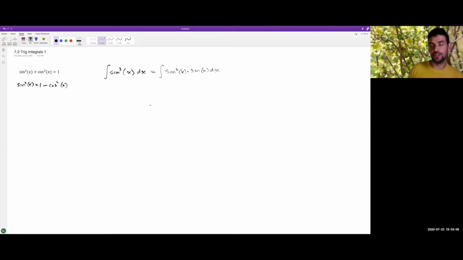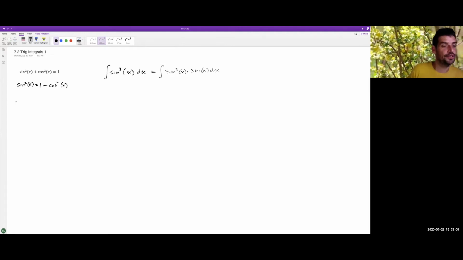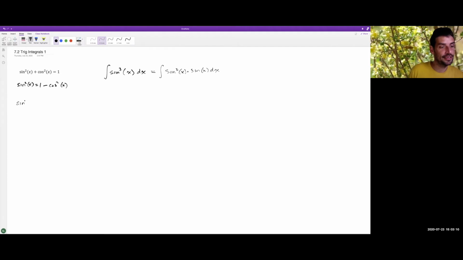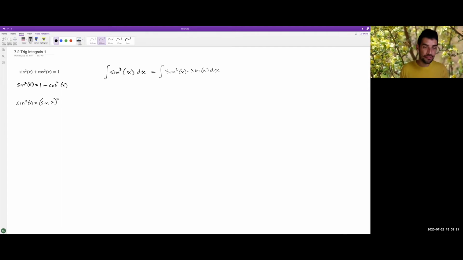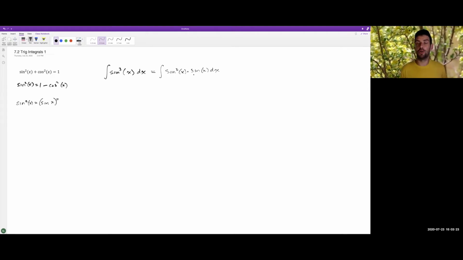Maybe this is a good time to remind ourselves that sine to the n of x just means sine of x to the nth power. So I've got 3 factors of sine sitting here, and I peel 1 away.